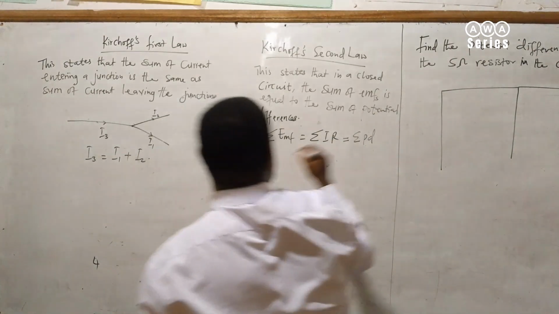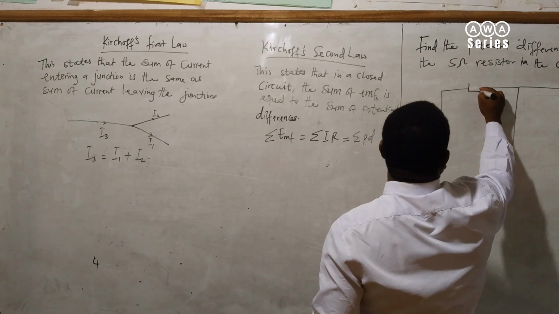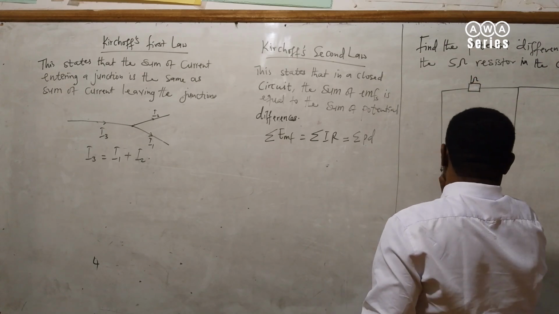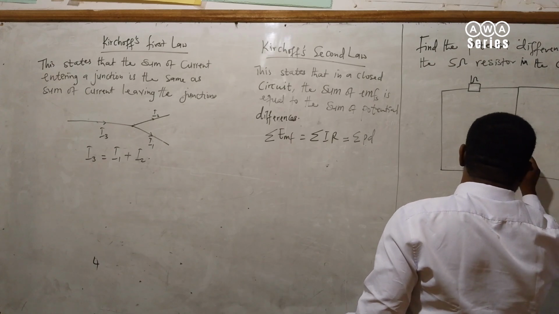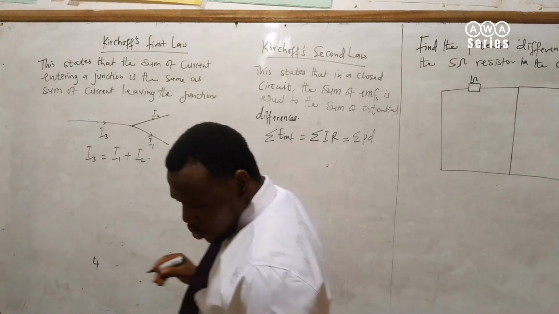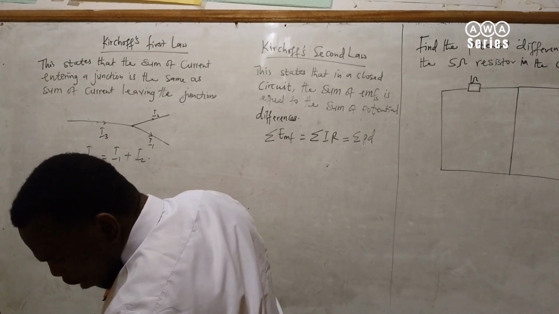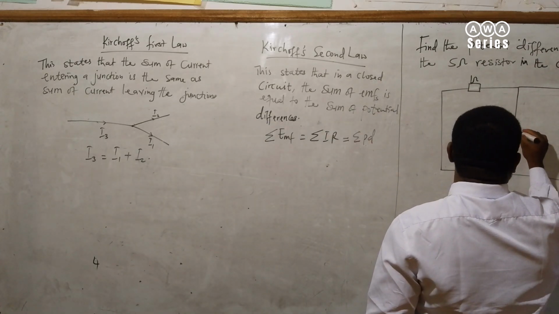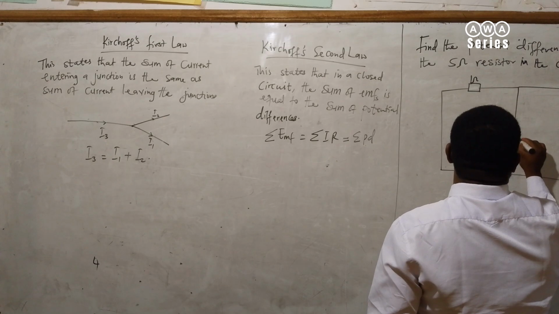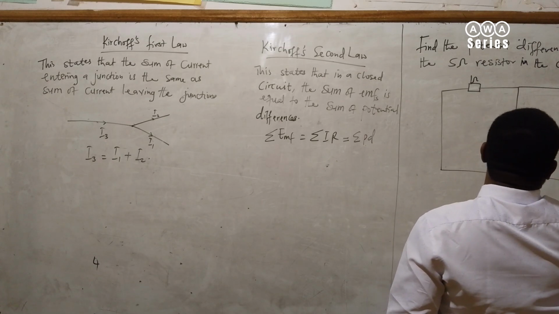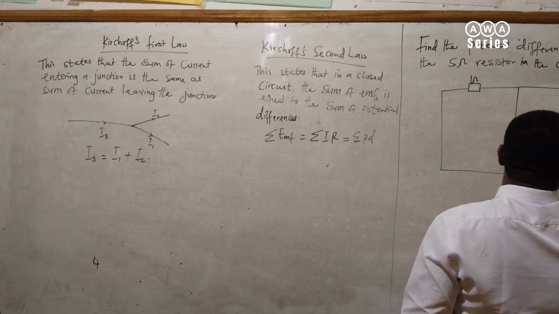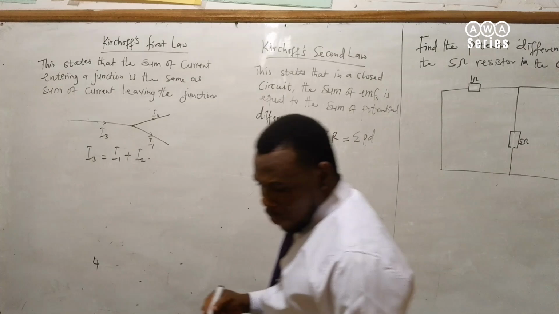We have a 1 ohm resistor here. We have 5 ohm and 3 ohm resistors. Then we have potential differences.